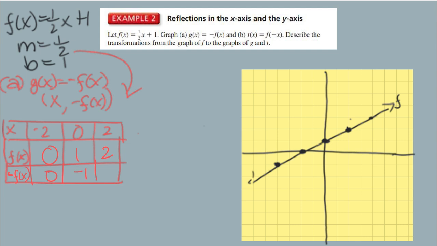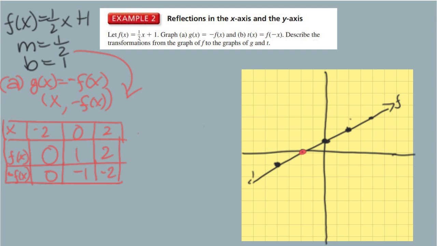And 2 multiplied by -1 gives me -2, correct. So that's our new points. For who? For G, correct, for line G. Kind of see the line already there.